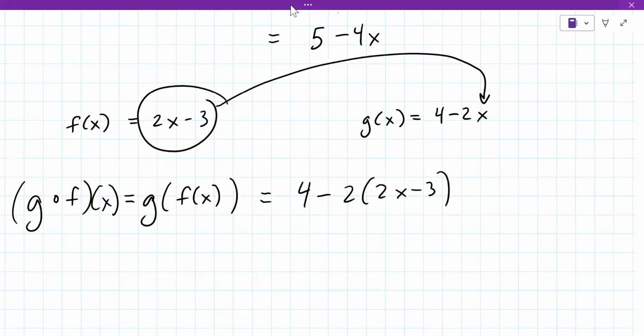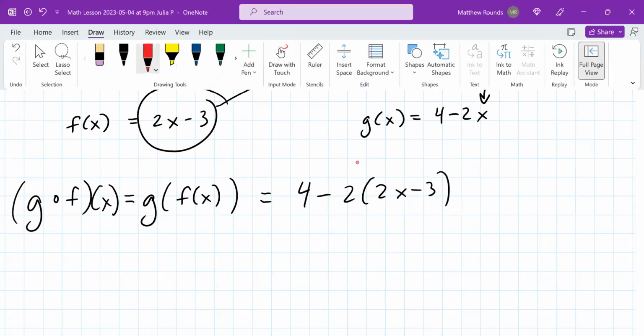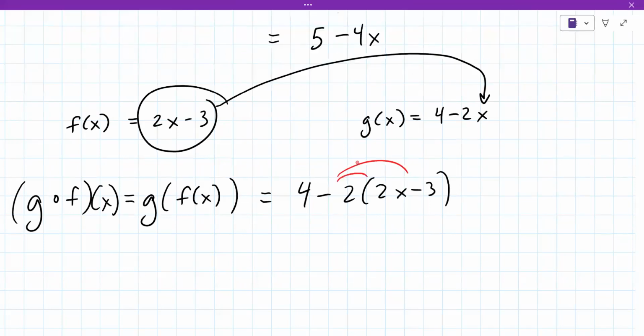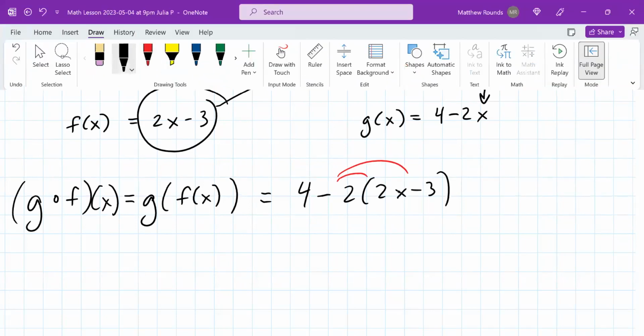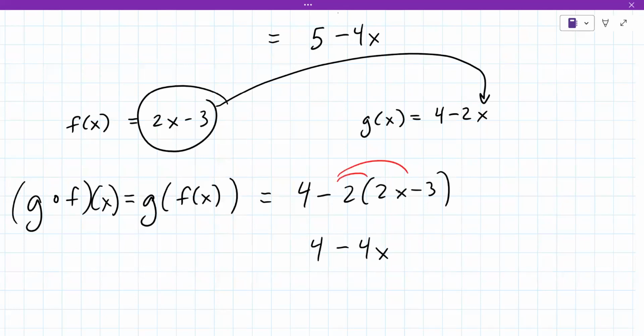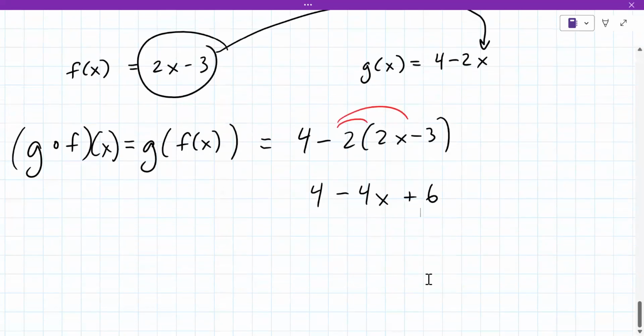Now this time you distribute the -2 to both. So that's minus 4x plus 6. The -2 times 2 is -4. -2 times -3 is positive 6. And then again, you combine like terms, 10 minus 4x.